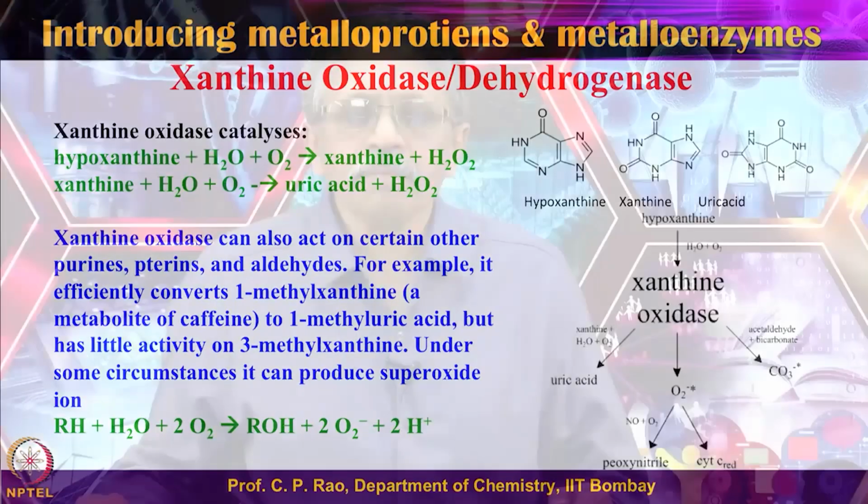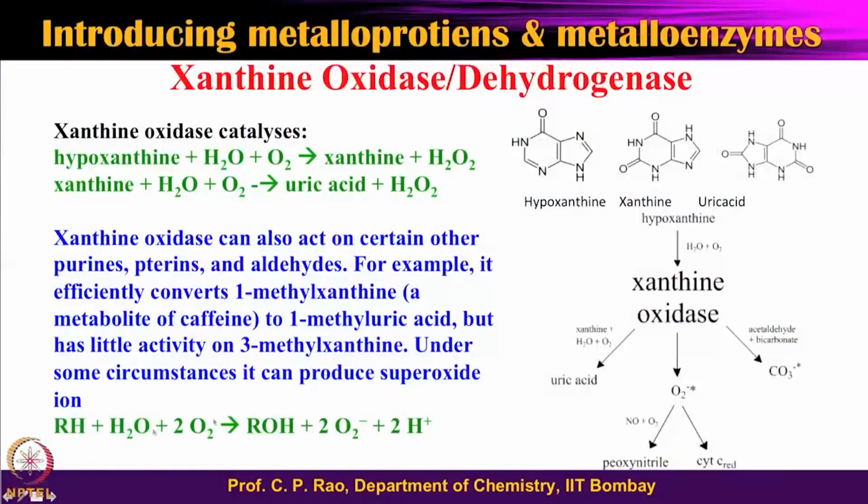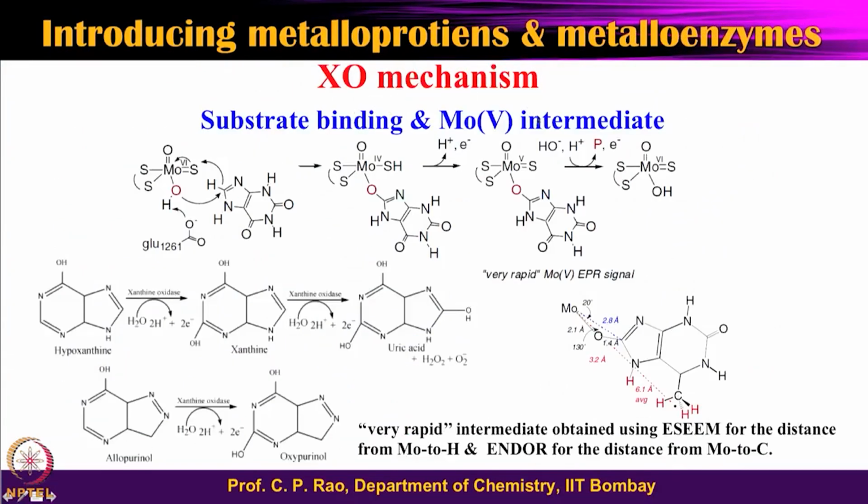That is where the enzyme reactions are both position specific as well as stereo specific. Under certain circumstances this can create superoxide, and that is where the reaction is shown over there.